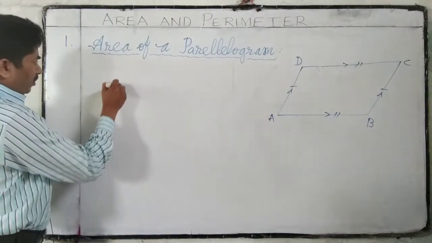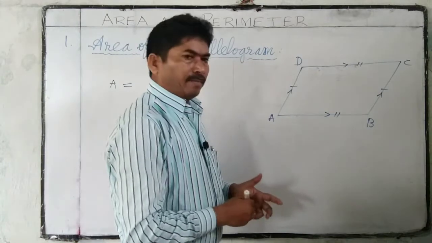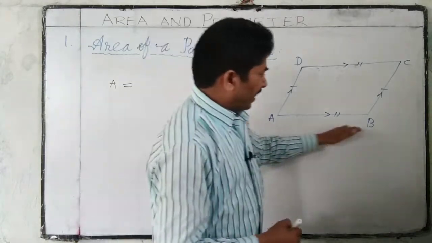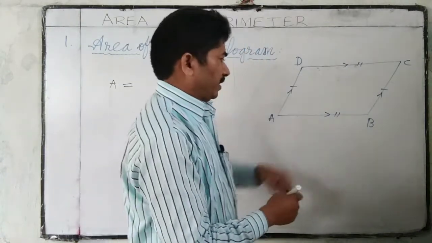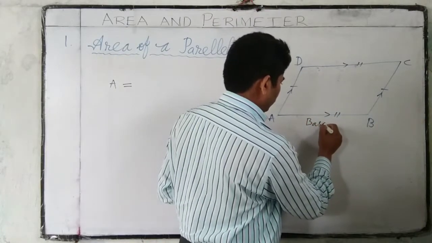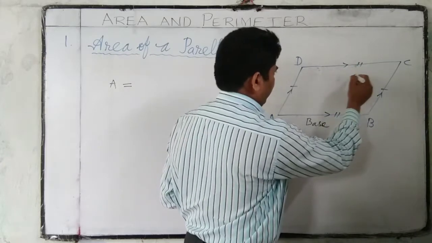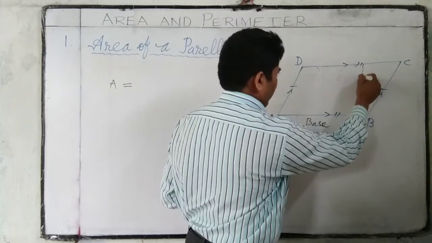Area of a parallelogram A is equal to the product of its base and height. This is a base and corresponding height. Base and corresponding height.